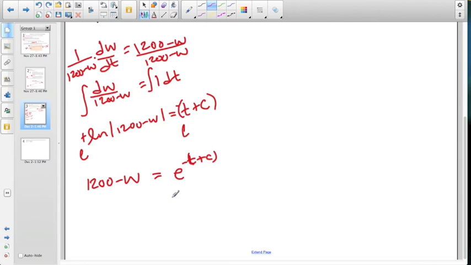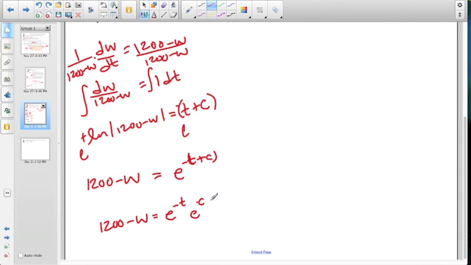and so we have 1200 minus w equals, and using our laws of exponents here, we have e to the minus t times e to the minus c, but it is just a constant, and so a constant minus c, we could just call yet another constant.